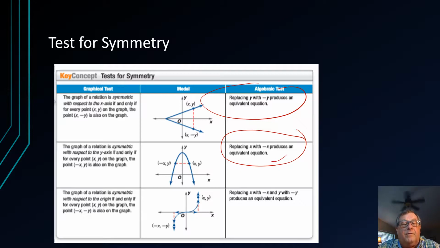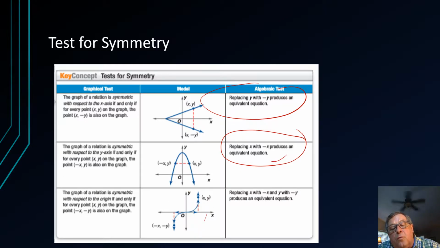And then finally, this last one is symmetry with respect to the origin. And if we were to rotate this graph 180 degrees, I think I went further than 180 degrees, then it would appear to be exactly the same. Let me erase part of that.